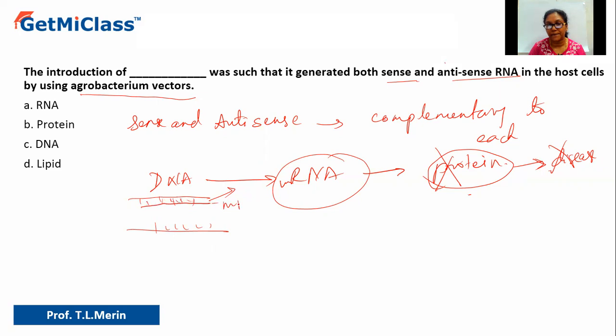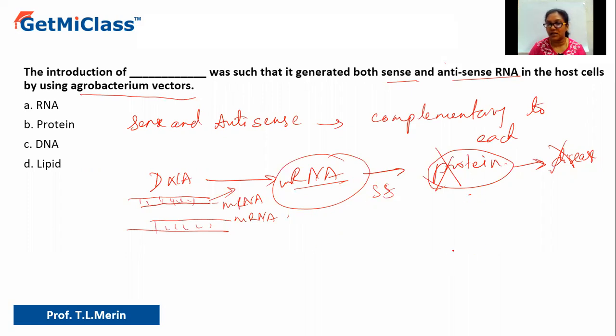So the RNA molecules which are produced here, if they are blocked, then they cannot be translated, because an RNA molecule can get translated only when it is in single-stranded form.